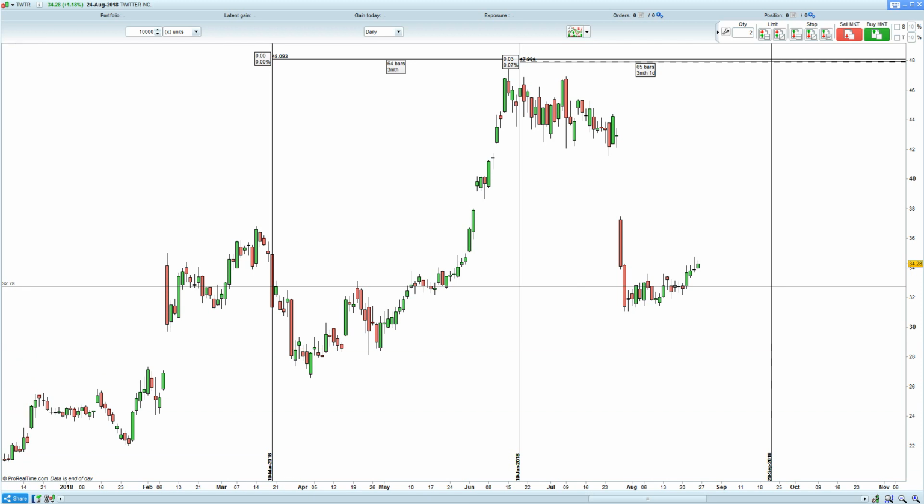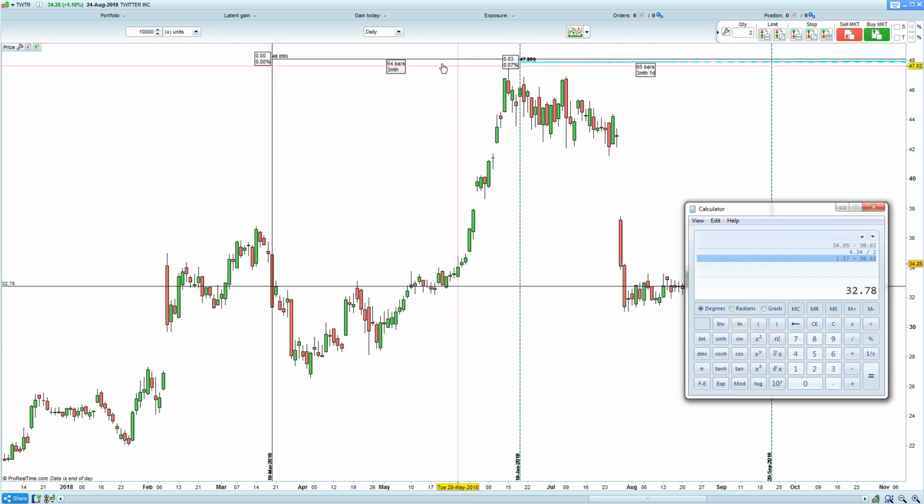But let's go ahead and get the rest of our levels here. It's really easy to do. These 64 bars, we're going to add that number, 64, to our average price of 32.78. We can't add 64 as 64 points because that will give us a level that's way off of where we're going. So we slide the decimal over and make the 64 a 6.4. We add 6.4 points to that, which gives us 39.18 as a price level.